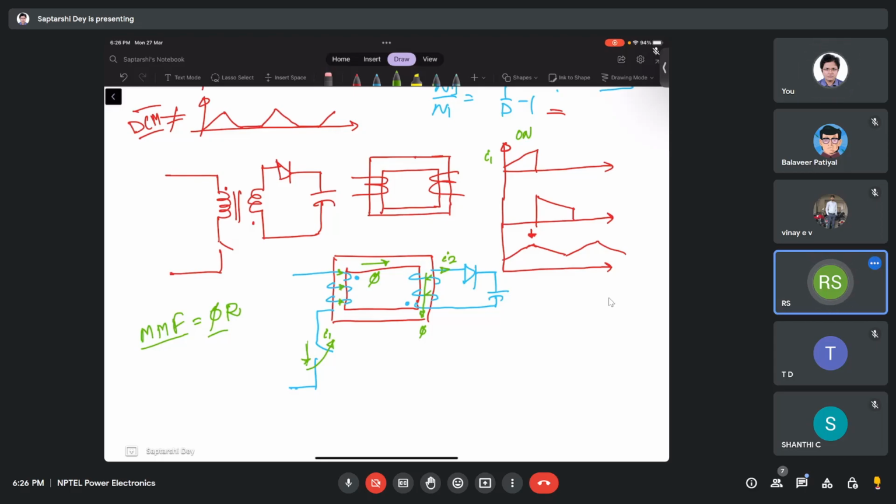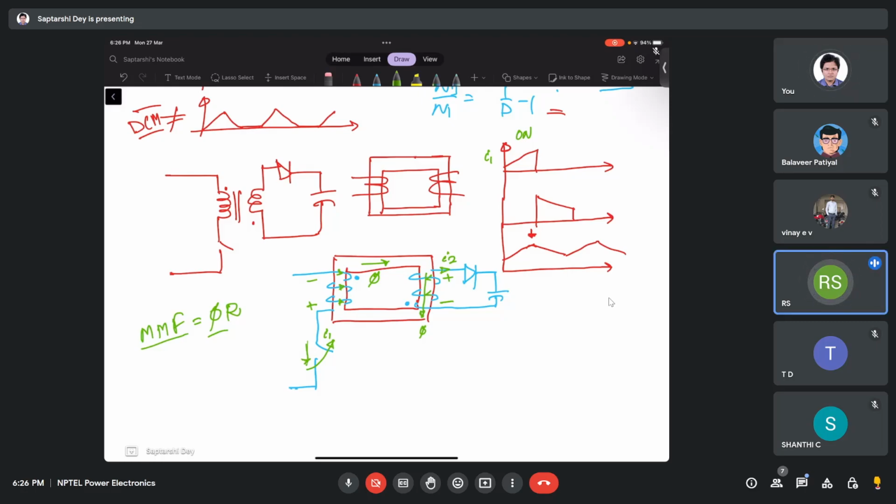No, see, when you open the switch, if you look exactly at that moment, the flux that is trying to drop is creating a voltage like this, and hence a voltage like this in the primary.